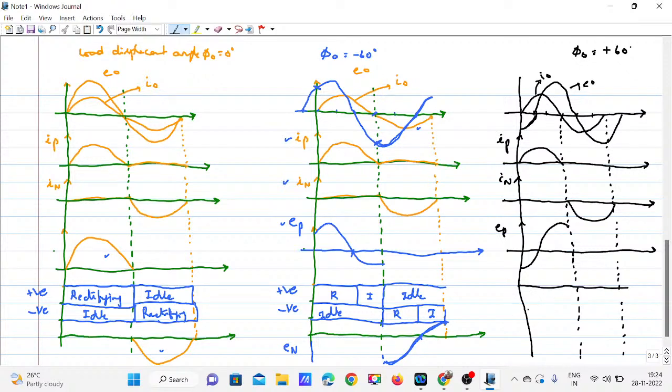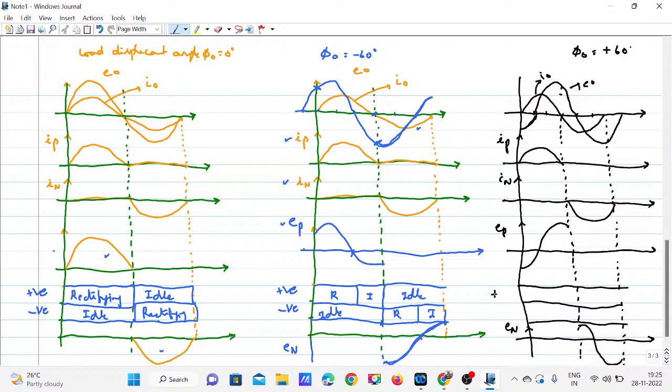Coming to this part, how will this be negative? This is from the positive side. From here onwards I need to draw. So from there onwards, it is like this. So this is called EN.